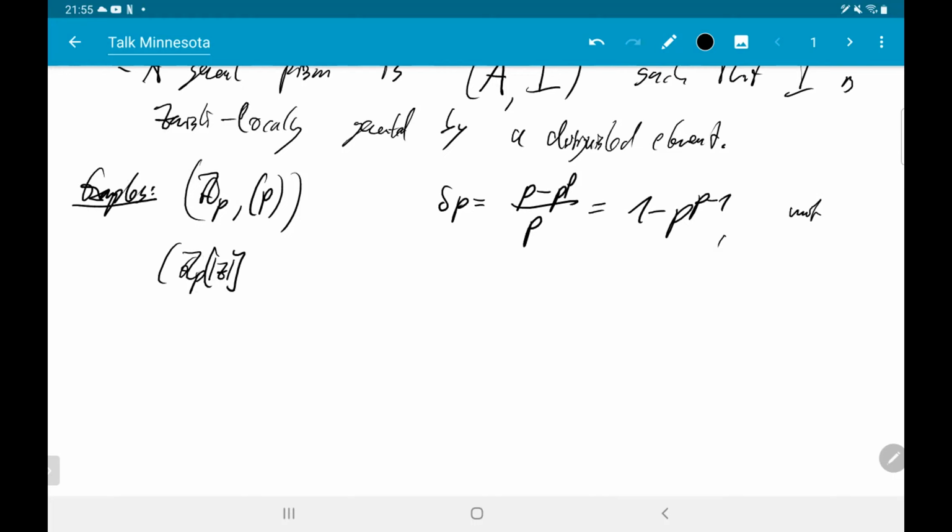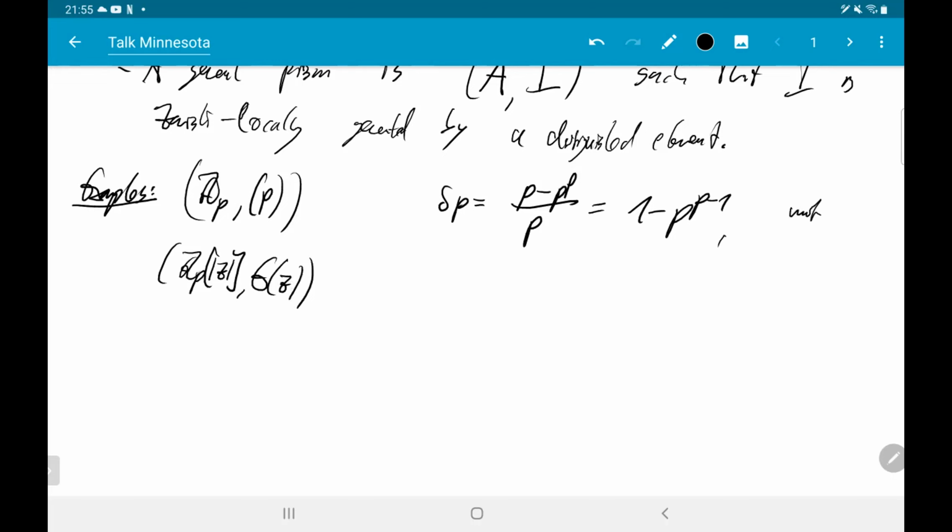Basically, what I've just told you is there's only one choice you can make for the ideal on Z_p. Turns out here there are many different choices you can make. And they basically correspond to choices of Eisenstein polynomials, at least up to unit multiples.